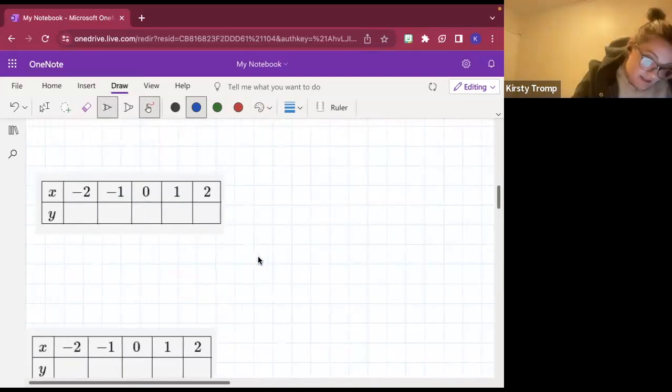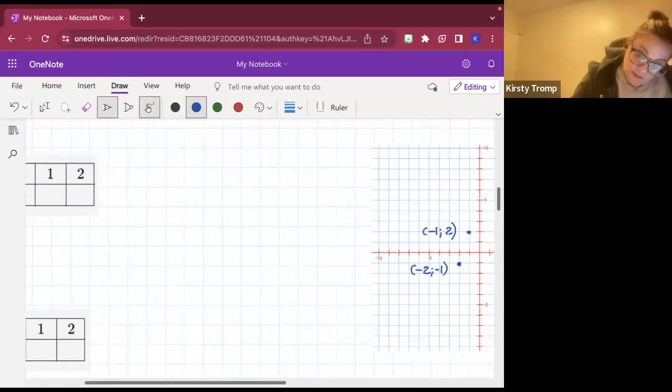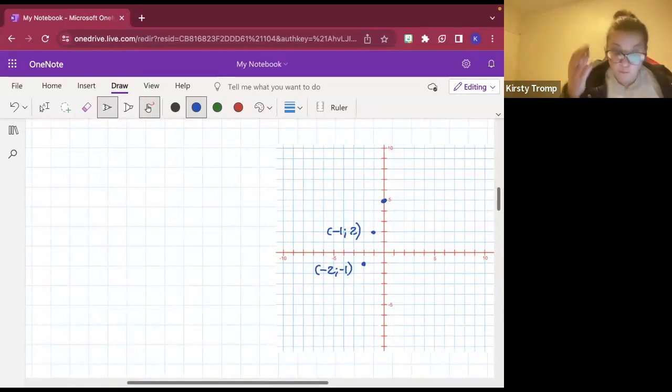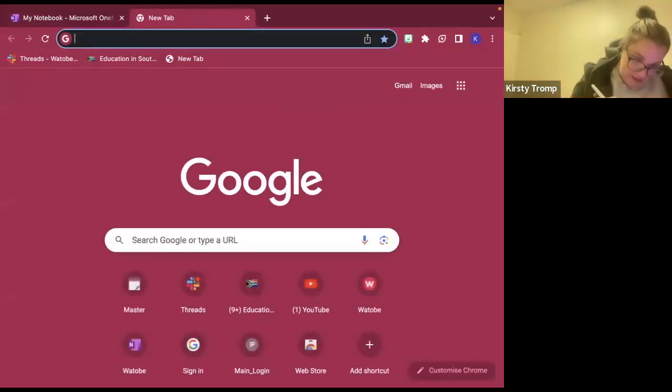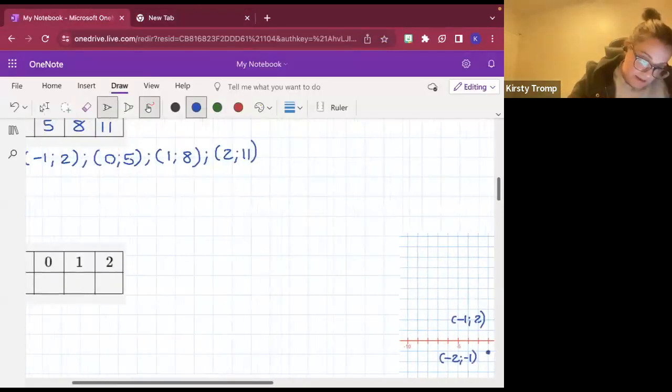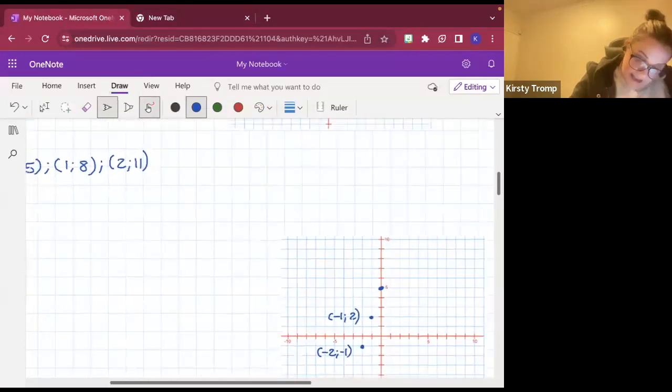My next point is (0; 5). I go to my graph. (0; 5). Do I need to write that coordinate? No, I don't. Why don't I need to write it? Because it's actually falling on the graph itself. Oh, apologies, everybody. Let's just go back. All right. My next one is (1; 8). So I go to my graph. (1; 8).